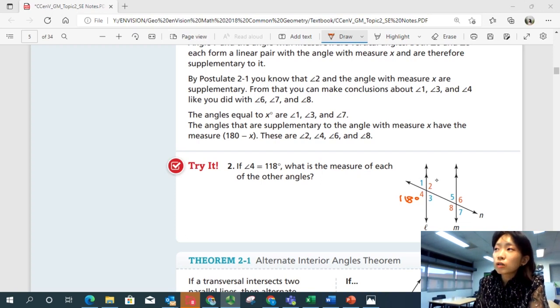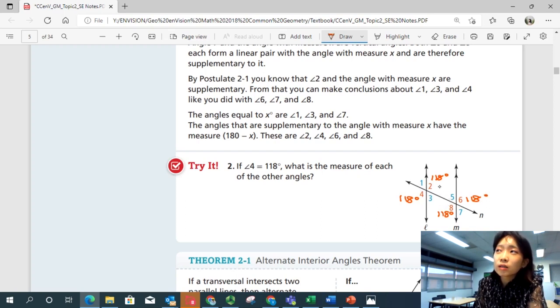So 2 is a vertical angle, so it would also be 118. Corresponding angles have the same angle measure, so all the angles that are colored red would have 118. What about the blues?